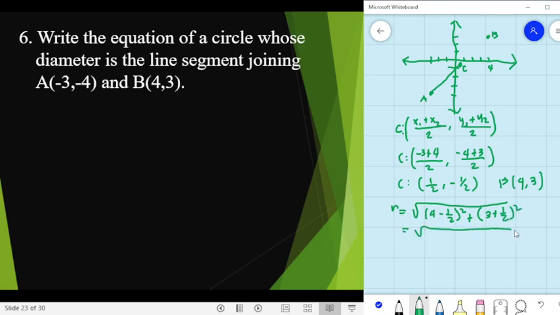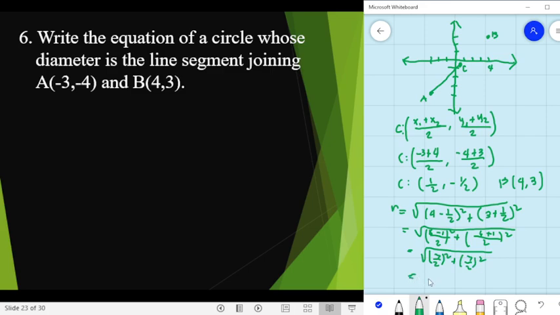So it would be equal to the square root of, using the common denominator, 8 minus 1 is 7, so 7/2 squared, plus 6 plus 1 is 7, so 7/2 squared.